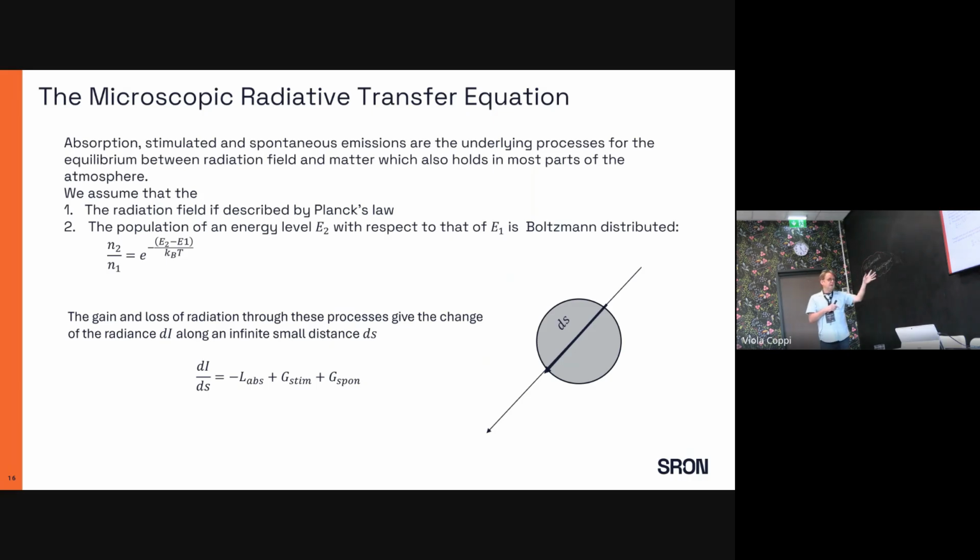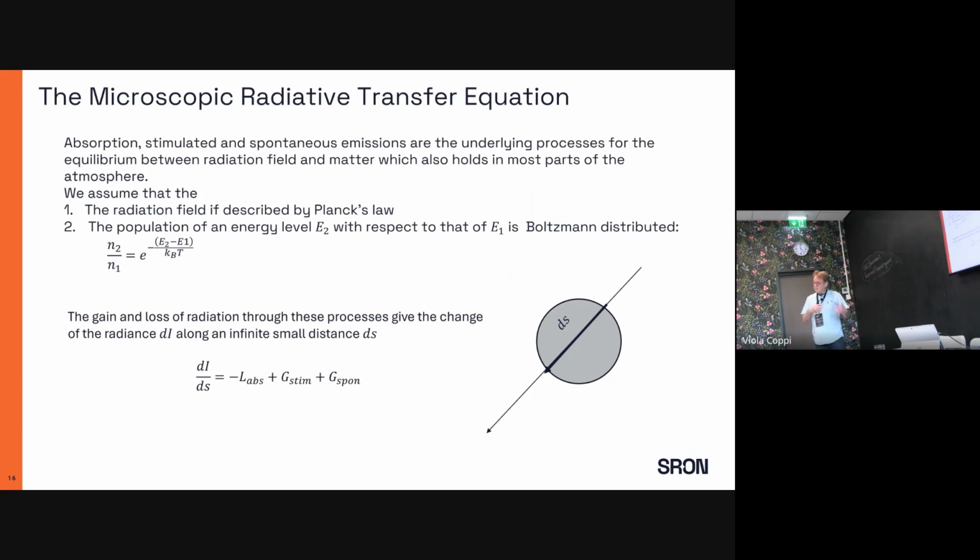So we use that, and then we look at the gain or loss of light along that little distance. We can calculate the loss of light because of absorption, right? Absorption is the death of the photon. We get a loss rate, but we also get a gain rate. We gain photons because of stimulated emission, and we gain photons because of spontaneous emission.